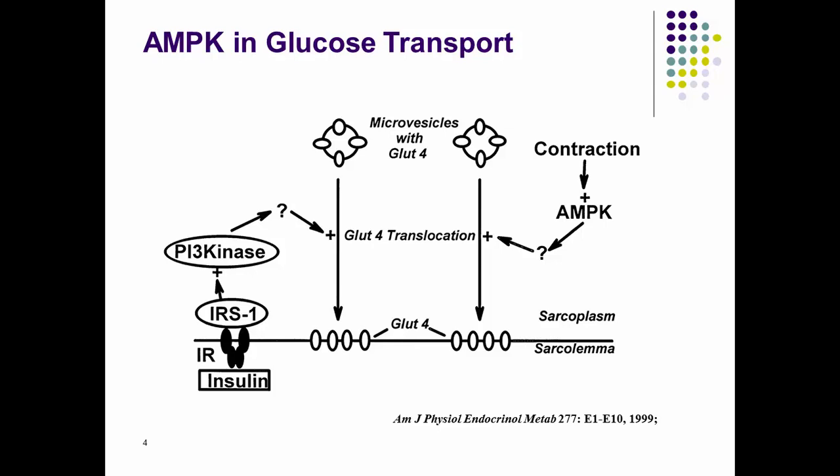So skeletal muscle picks up glucose through this alternative mechanism, independent of insulin, through AMPK activation. Exercise activates AMPK, which stimulates GLUT4 to go to the cell surface for glucose uptake. This only happens in muscle. Yes, this is muscle.